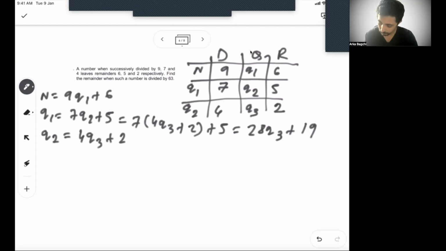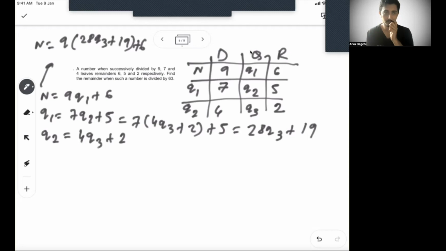So n will become 9 into 28Q3 plus 19, plus 6. 9 into 28 is how much? 252Q3 plus 9 into 19, which is 171.